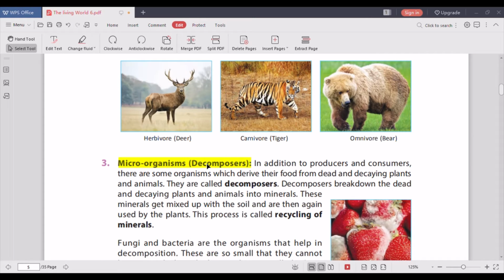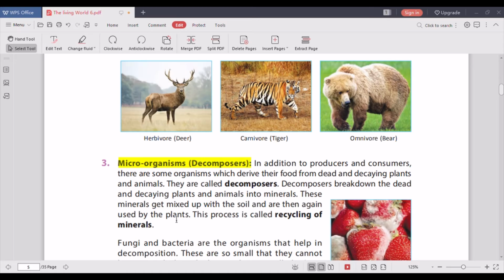So here the decomposers decay the dead plants and animals and break down the dead decaying plants into minerals.